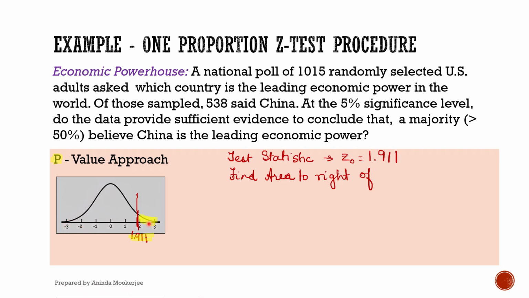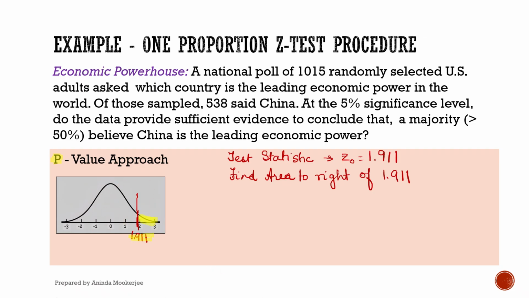This is a right tail test, therefore we are interested to find the area to the right of 1.911. And if you're using the table, then the table will give you the area to the left. To find the area to the right, you have to subtract this area from 1, correct?